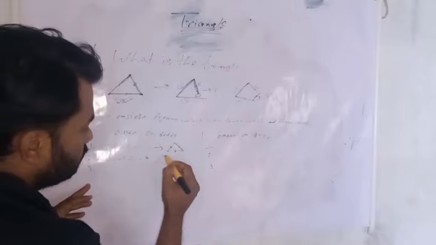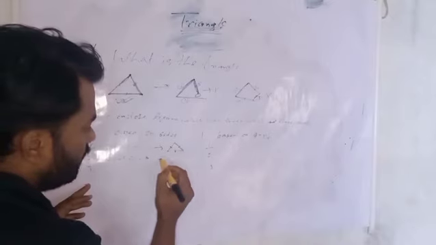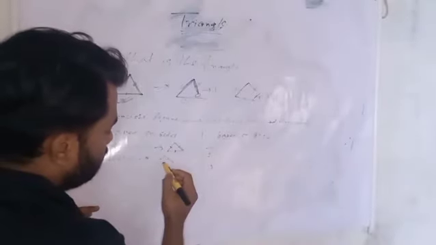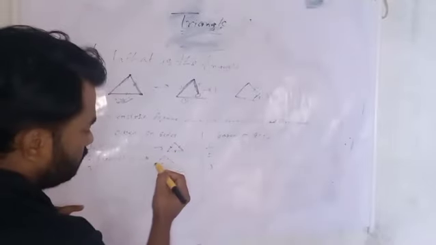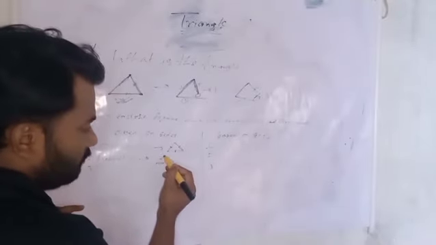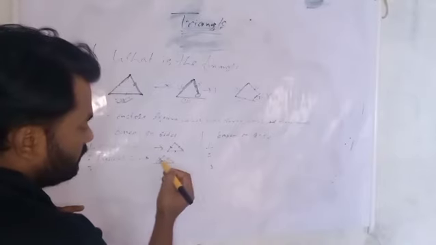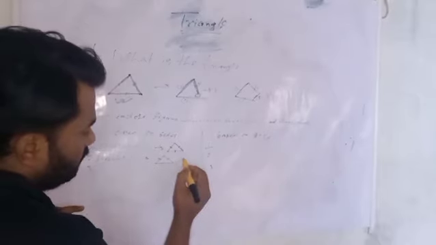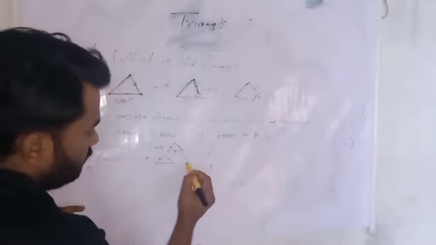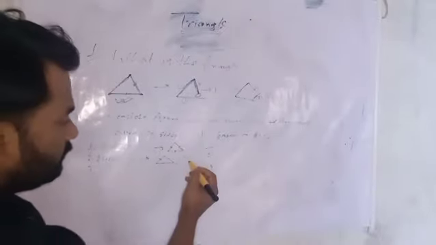A triangle which has any 2 sides equal and the third side not equal. Not necessarily this side and this side; maybe the equal sides are this and this. Then we can say this triangle is isosceles, because the definition of an isosceles triangle is that any 2 sides of the triangle are equal.